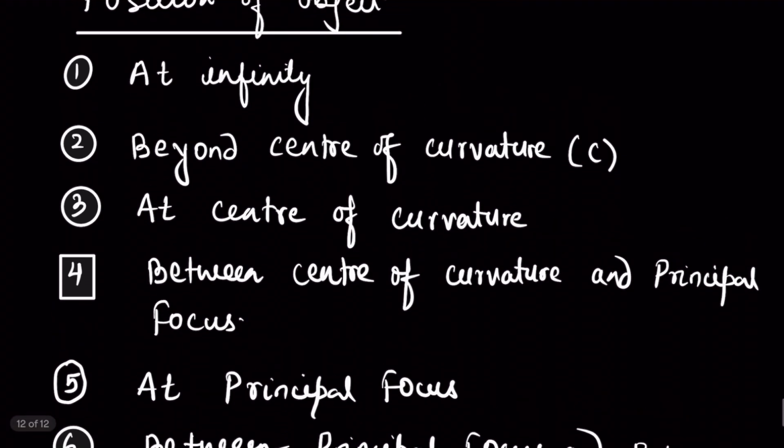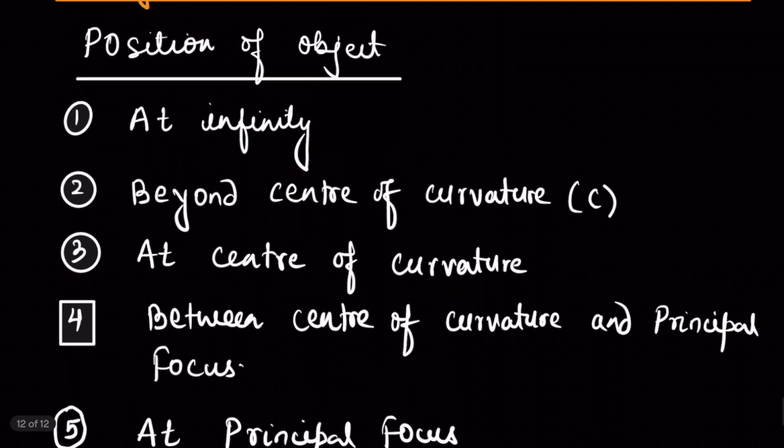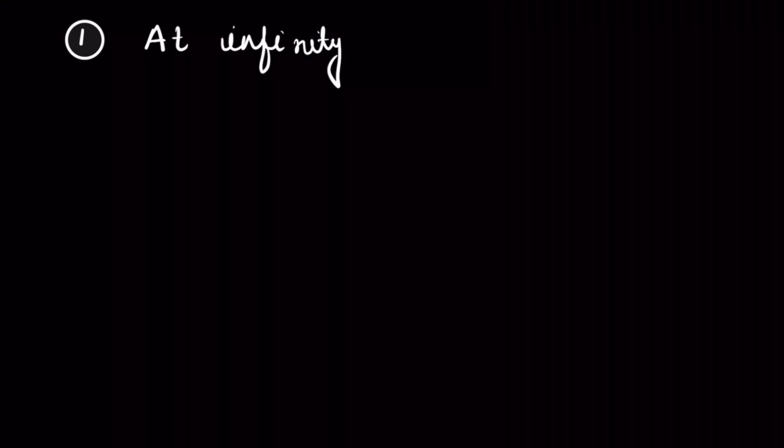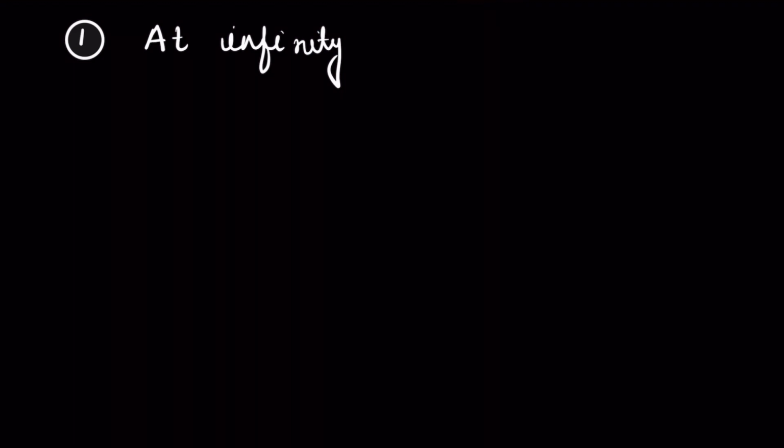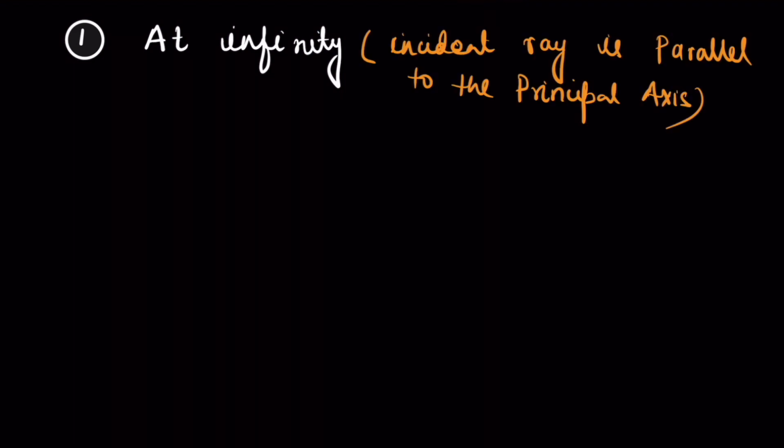So let's start with the first one, when the object is at infinity. So our first one is at infinity. When the object is at infinity, the incident ray is parallel to the principal axis. Here in image formation, we will always take 2 incident rays.